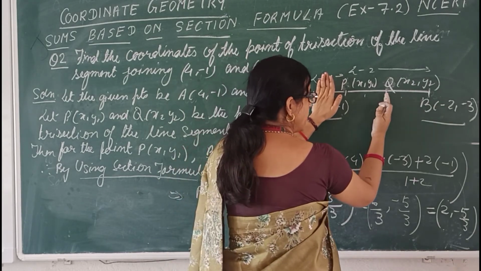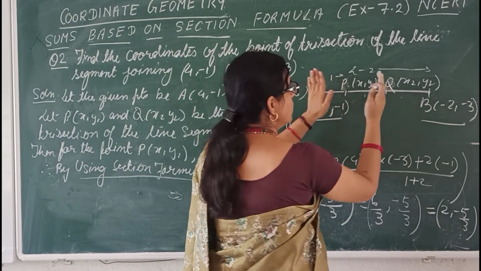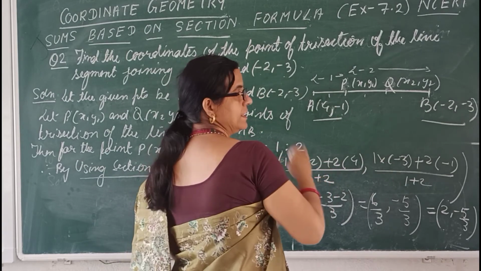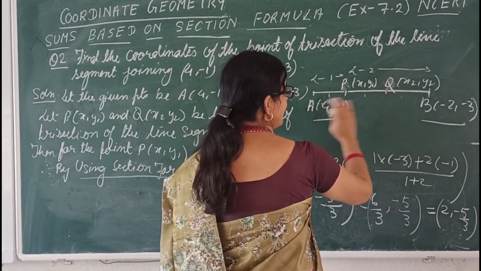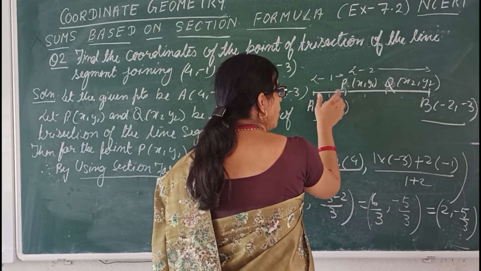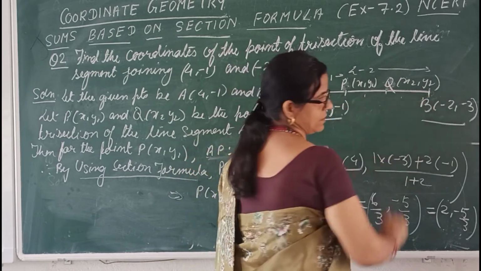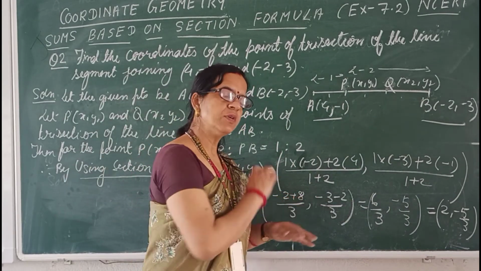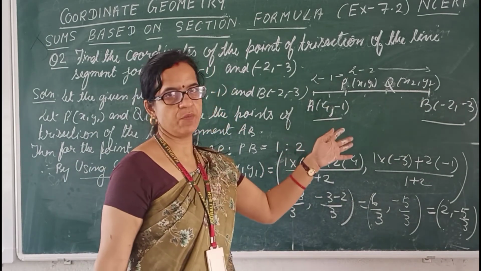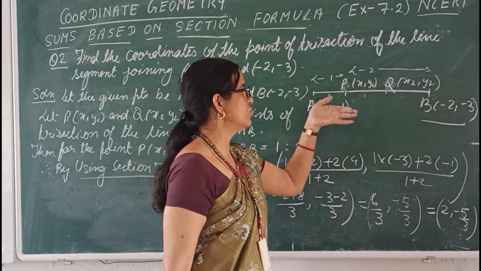So we can use the midpoint formula directly for the point Q, or the direct section formula for the line segment AB, where Q divides AB in the ratio of 2:1. I think you got my point. Here I will be using the midpoint formula. You can use direct substitution of the section formula, as Q is dividing AB in the ratio of 2:1.